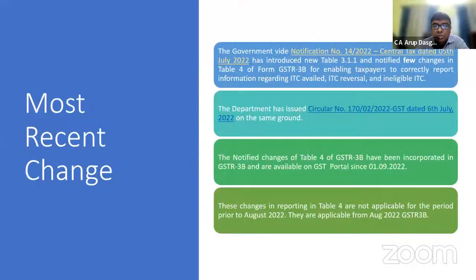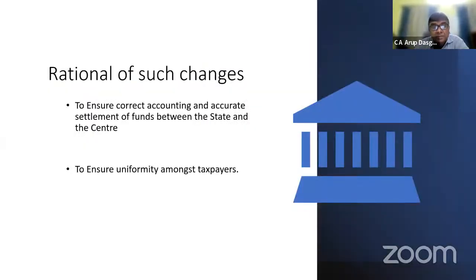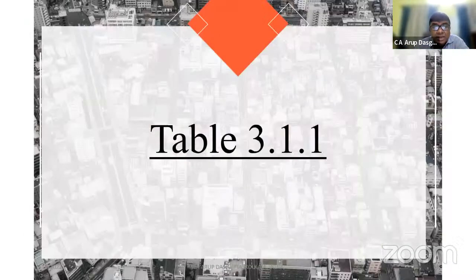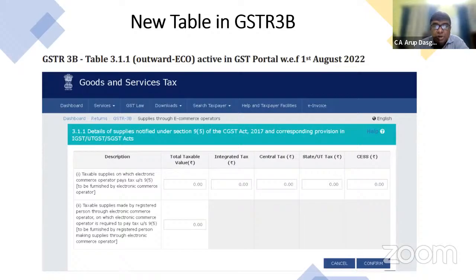The circulars and notifications have already been issued, but many taxpayers have not actually gone through them. Because of that, many people are still taking decisions on the basis of whatever we used to do previously. But then we are getting ASMT-10s, scrutiny notices.